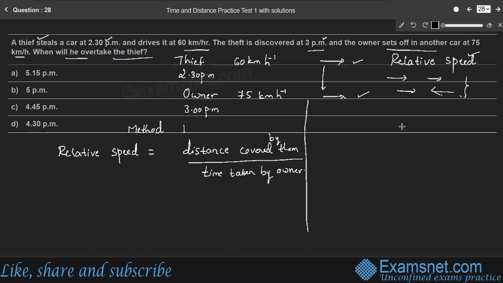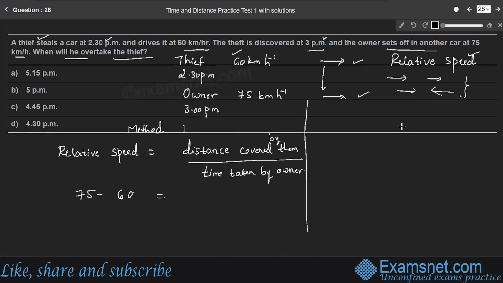Here, relative speed is nothing but the difference in their speeds. So 75 minus 60 km per hour is equal to the distance covered by them. What is the distance covered by them? For that, we use the case of the thief.